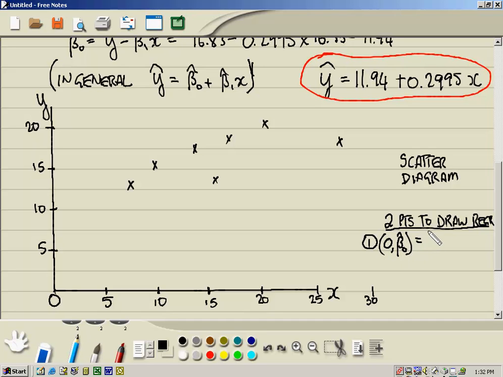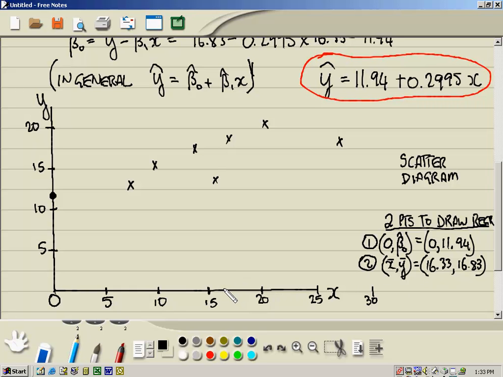Alright, first point is the intercept, x is 0, y is 11.94. Alright, it's 11.94, and 11.94 will be approximately here. The other point is the x bar, y bar. Alright, check your numbers from above, but that's 16.33 and 16.83 for the average point.